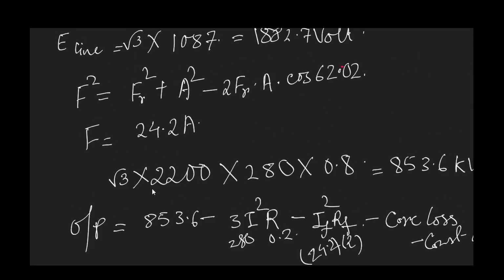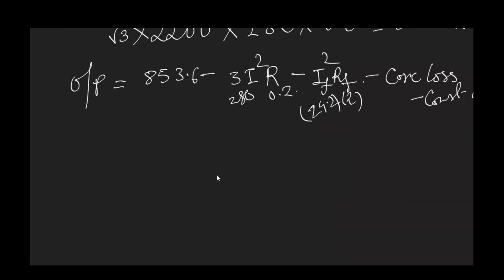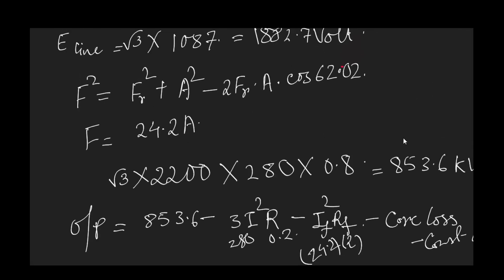Well, so here what we are saying is that now, from this value we will get the core loss. So what do we need to find out? The core loss for what value of current, for this 24.2? We need to figure out the value of core loss.